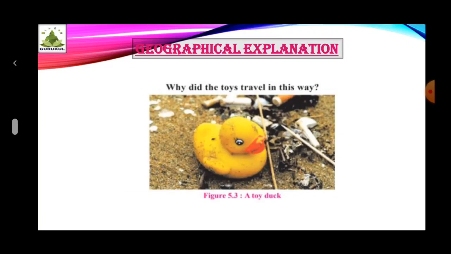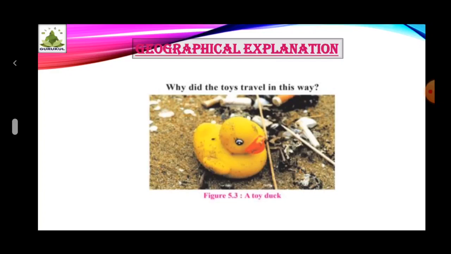Some of them also floated to the Atlantic Ocean from the Arctic, and some of these reached the eastern coast of America in 2003. Some of the toys had even reached the European coast by the year 2007 from the Hawaii Islands. Some toys took the route to Australia.